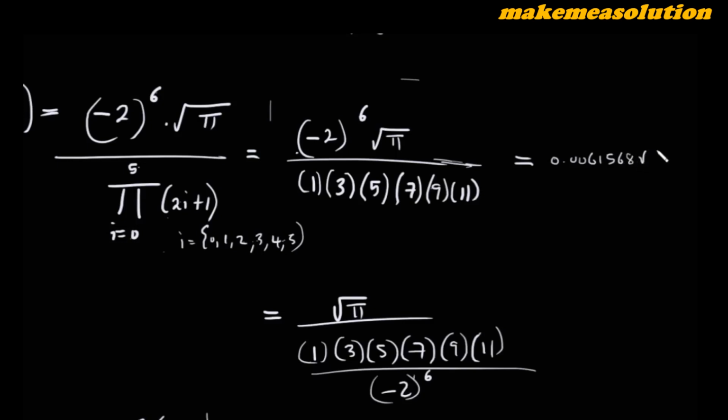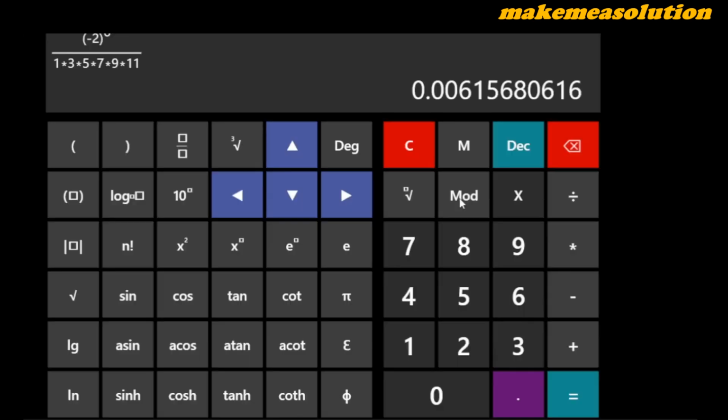0.006158 root pi. You could leave it like this, or in the options you could see it as 32 root pi. Sorry, not 32. Negative 2 raised to the power of 6 is plus 64 root pi all over 1 times 3 times 5 times 7 times 9 times 11.